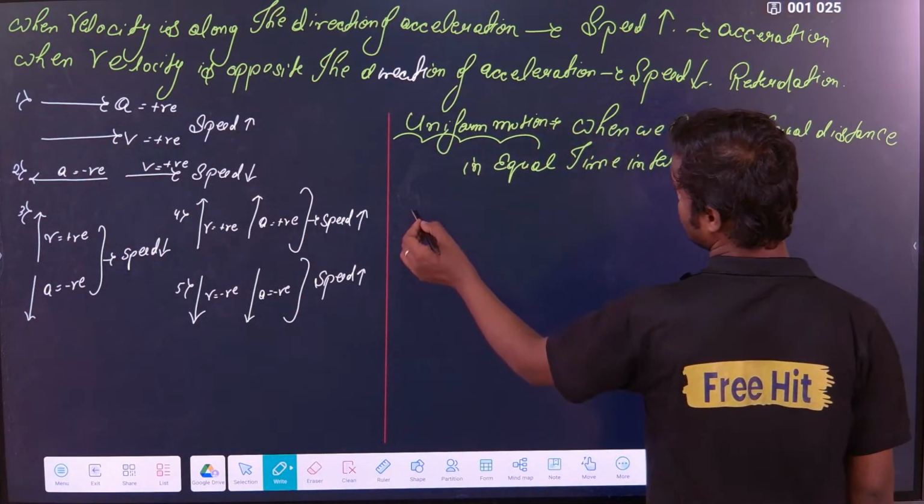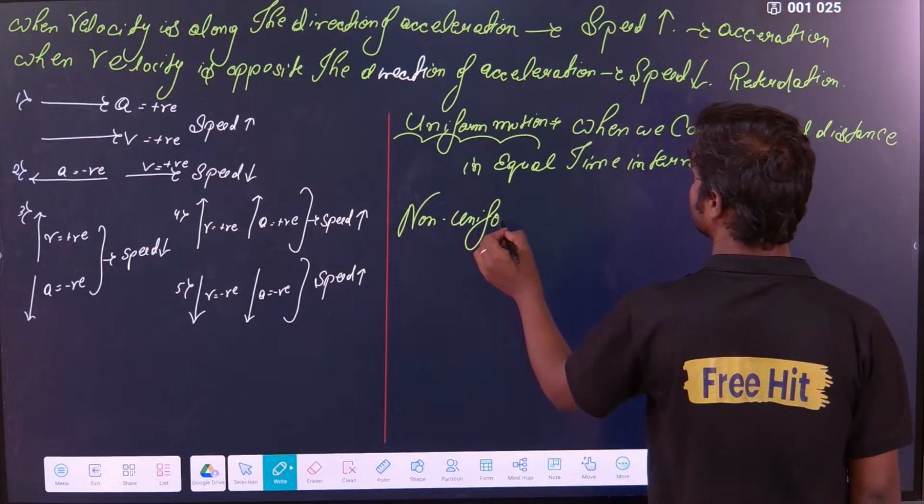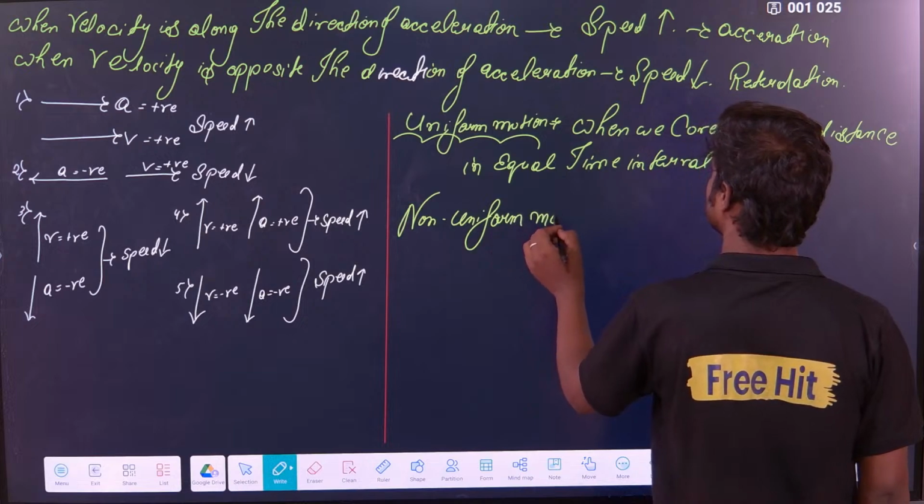Second thing, non-uniform motion. What do you mean by non-uniform motion? See, everything is the same.